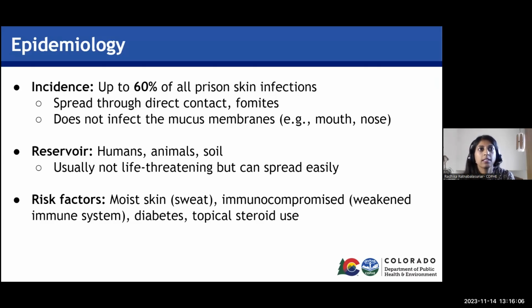And the reservoir is in humans, animals, or soil, but it's usually not life-threatening. Again, it can spread easily. Risk factors for this infection include moist skin, so sweat, immunocompromised status, so a weakened immune system, diabetes, or topical steroid use. Next slide, please.